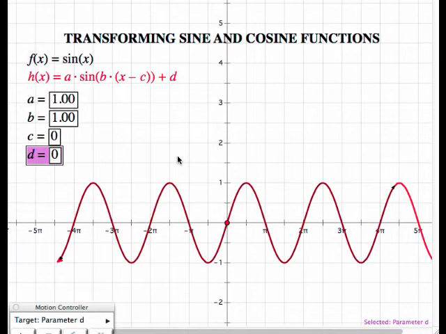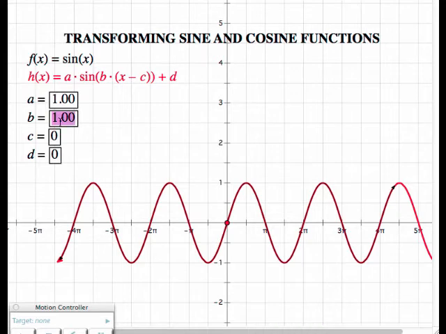Now when you're dealing with sine and cosine functions, it's the horizontal transformations that are a little harder to follow and to graph on paper for sure. So let's start with b, which is b times x. And when we multiply x by a constant, we anticipate a horizontal stretch of the graph.